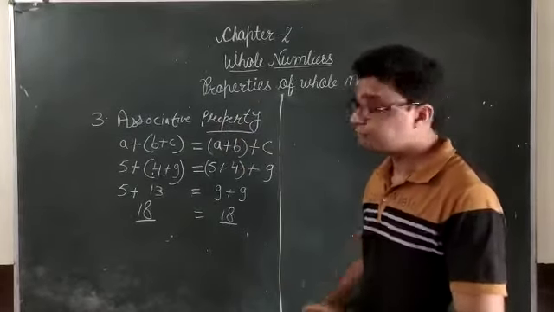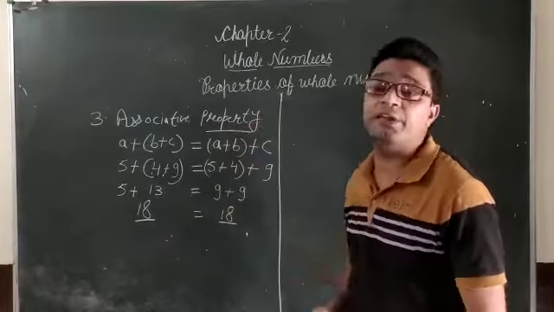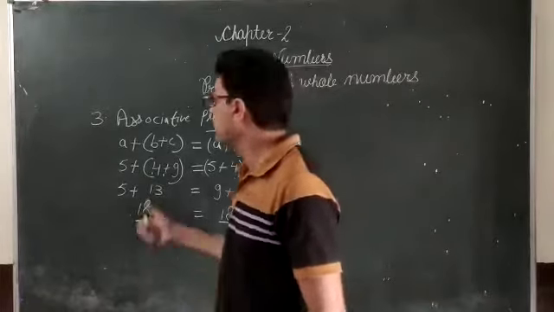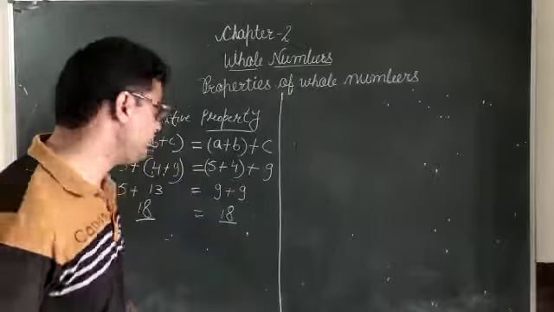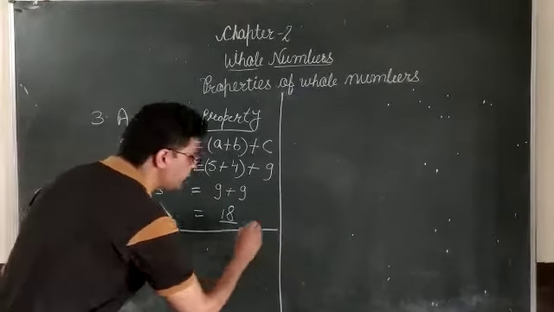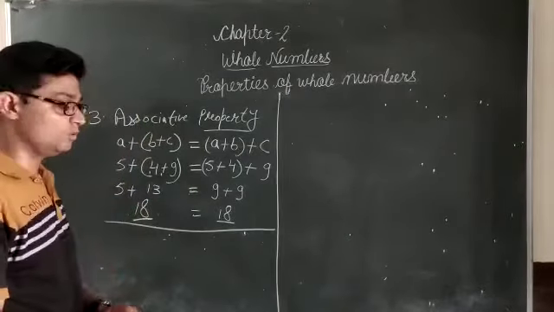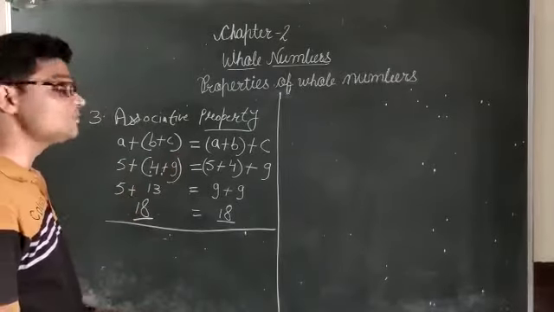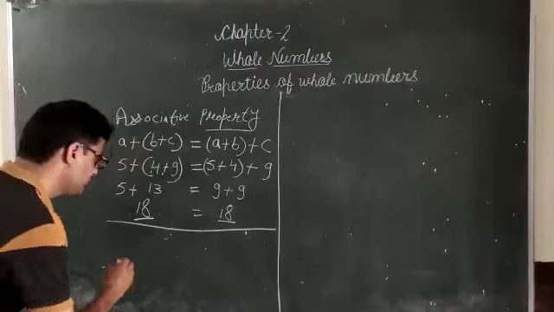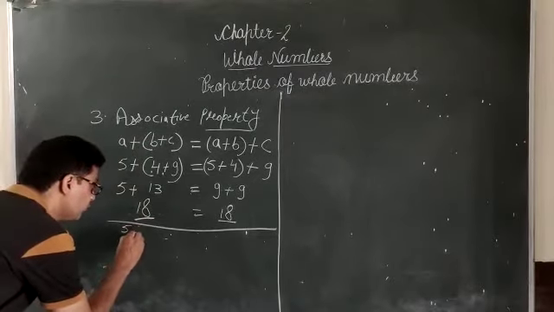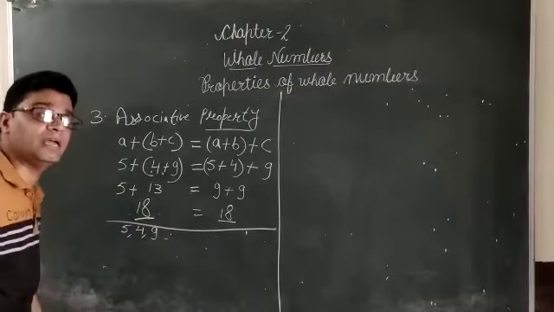But take care beta, associative property is applicable on addition as well as on multiplication. You can take one example about multiplication also. You can take any three numbers; let's take the same numbers. Suppose the numbers are 5, 4, 9.